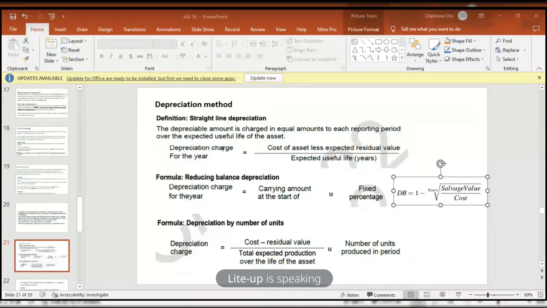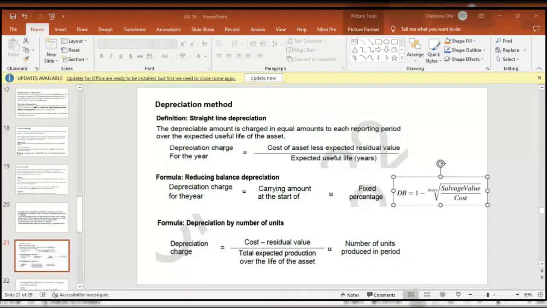Okay, let me just do another example for us down here. Reducing balance method depreciation. So we have costs of an asset of 150,000 and we are given a residual value of 30,000.